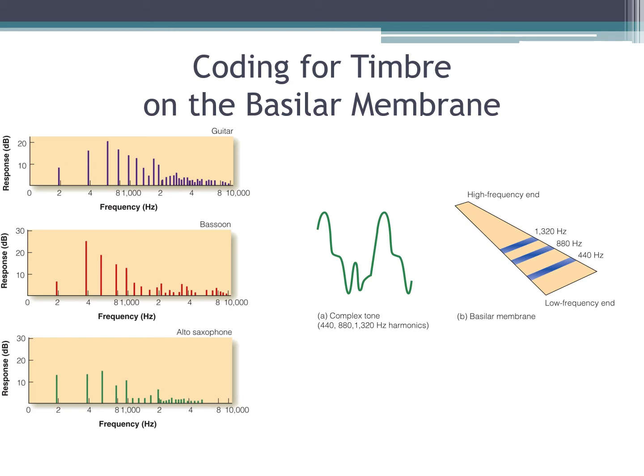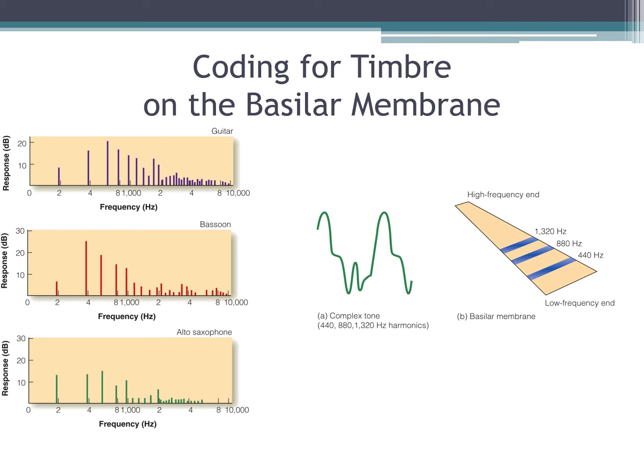But if we look down through those, the top one is showing the particular amplitudes for the guitar. The middle one is showing the amplitudes of those harmonics for the bassoon. And the bottom one is showing the amplitudes of those different frequencies, those different harmonics for the alto sax.